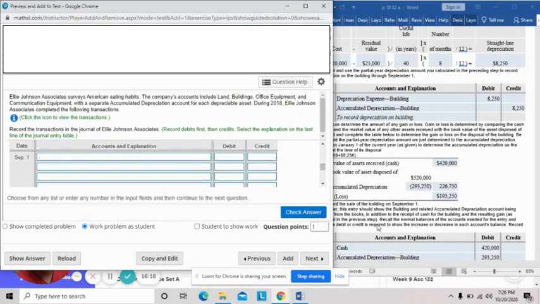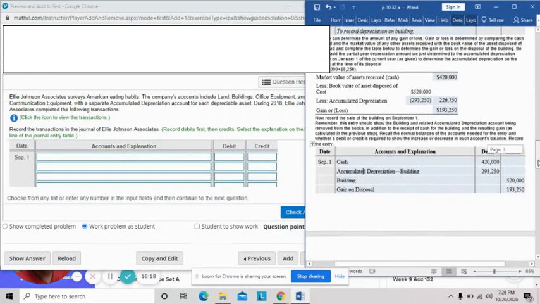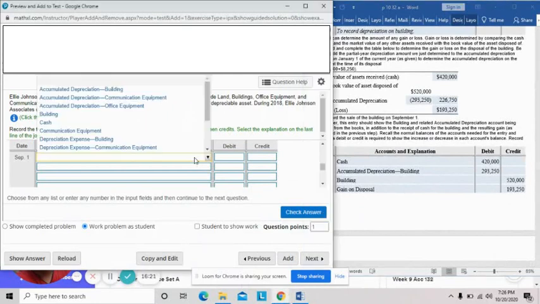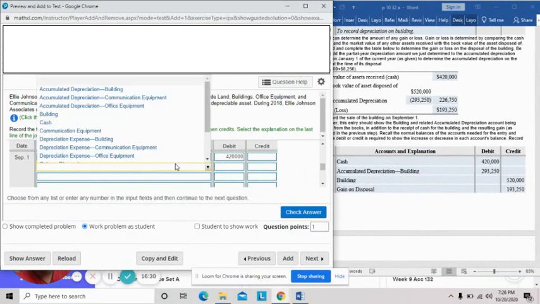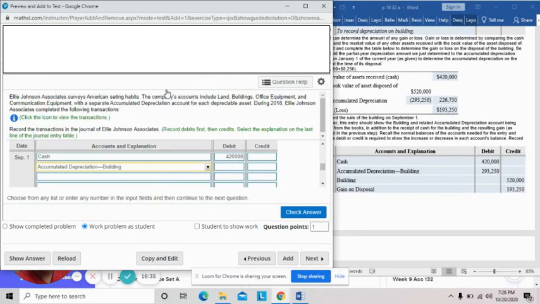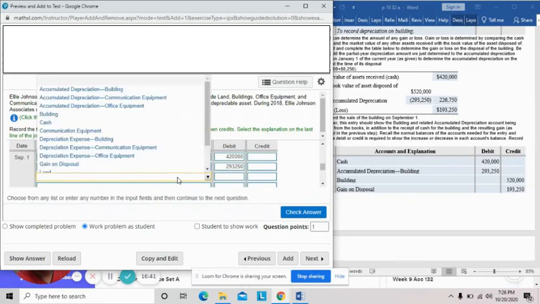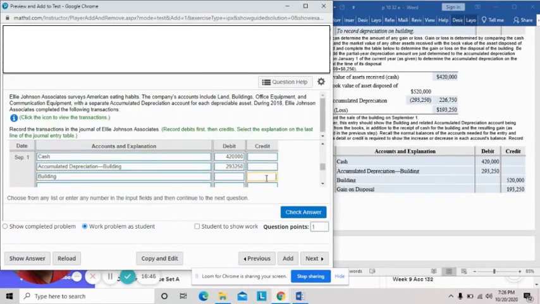Go down here. As we recall, we received the cash in 420,000. We debit cash. Also, there will be a debit in accumulated depreciation for the building of 293,250. It'll be a credit for the building, 520,000.